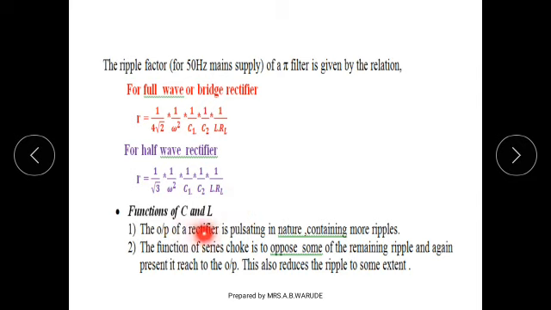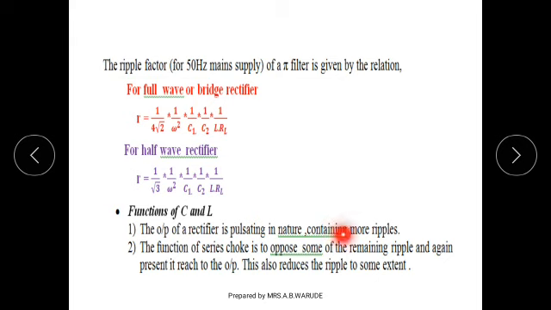Then what are the functions of the capacitor and inductor? The output of the rectifier is pulsating in nature, containing more ripples. We know that the output of the rectifier contains an AC component as well as a DC component.